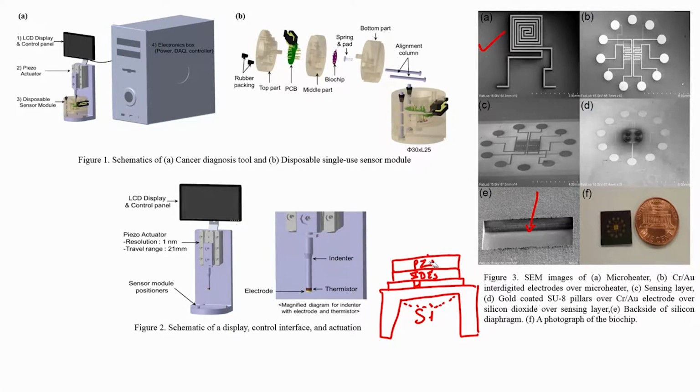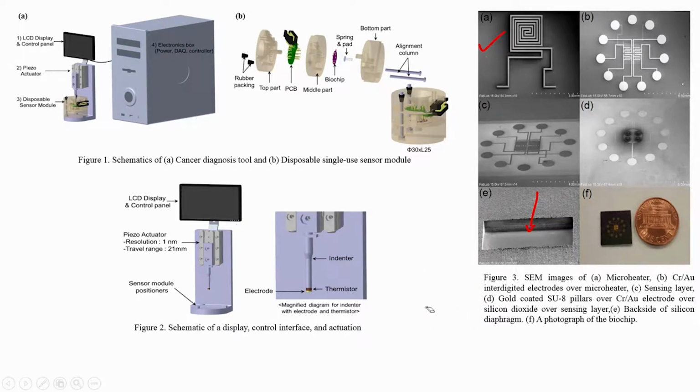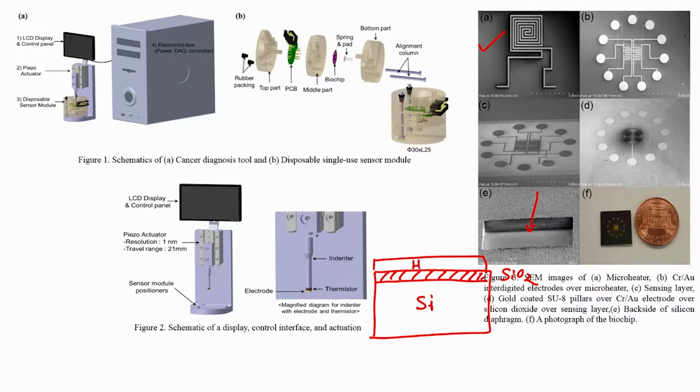Now, let me again show you what exactly this block is, so that you understand very clearly. I am just showing a block diagram, it becomes easier. So, silicon, and of course, you have an oxidized silicon wafer, so we will have SiO2. On that you have your heater, so I will write H for heater. On that you have again silicon dioxide.